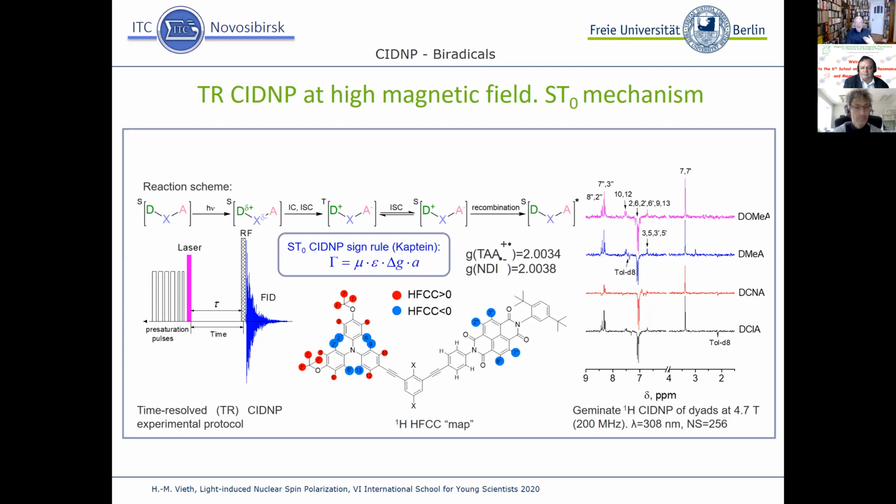You can get the principal values, of course, of your zero field splitting tensor, and so on. So it takes many experiments because you have to get the full ONP dependence along the principal orientations of the involved tensors.